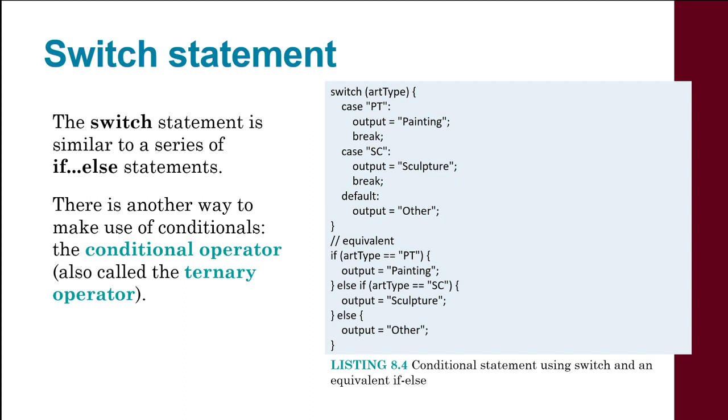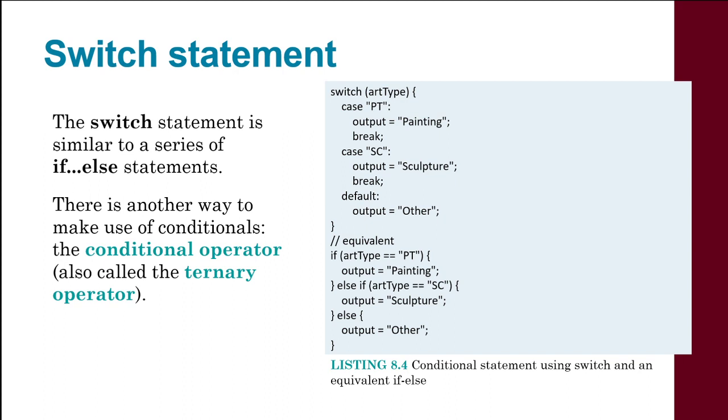So it's saying if the art type is equal to PT, because remember we have our double equal sign, then in the brackets, output painting. And instead of having break, we just end it with a semicolon because the ending bracket is saying, okay, stop doing the thing.